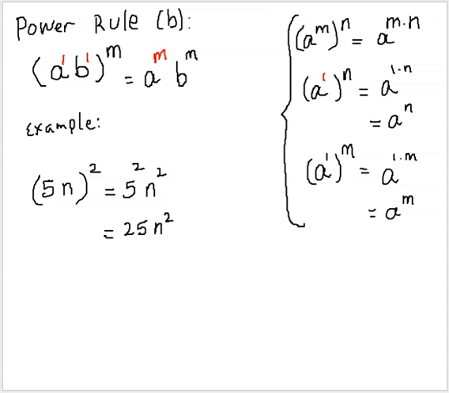Now we're going to take a look at one more power rule. Let's call this part C. This is where we have a over b to the power of m.